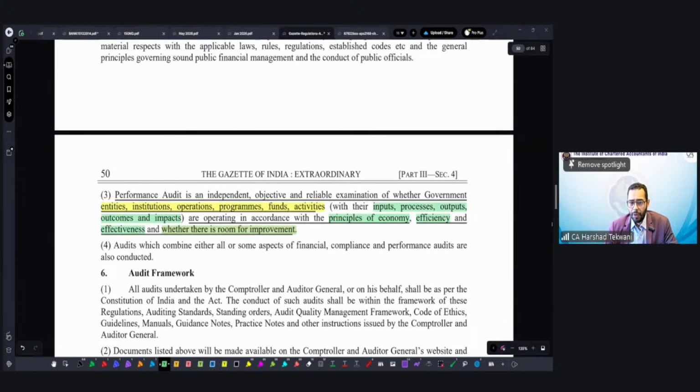Your audit fundamentals will be the same as they were. So there are certain basic elements behind each and every public sector audit. Let's understand those basic elements.